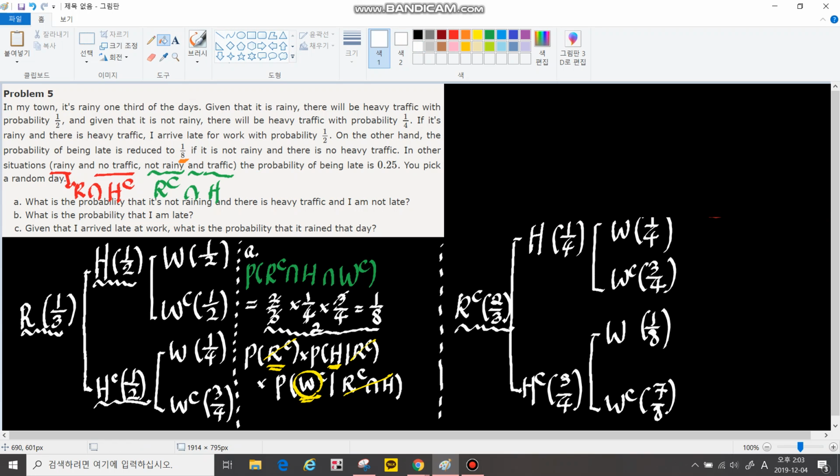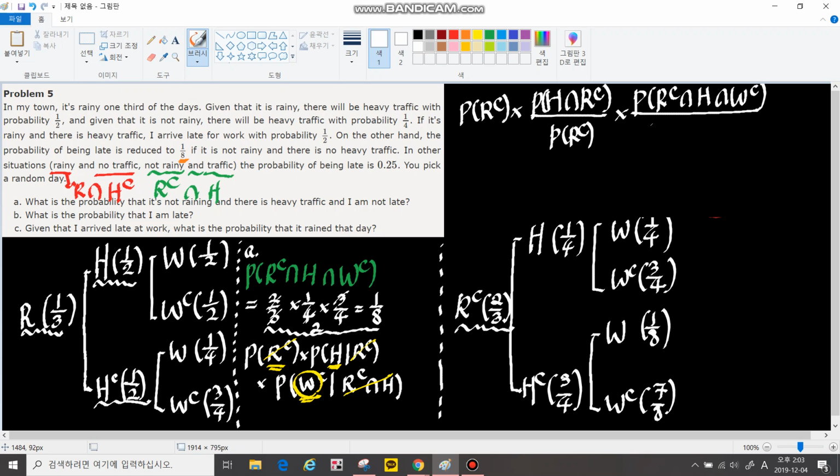Okay, if I rewrite that, then what ends up being is P(R complement) times P(H intersection R complement) over P(R complement), times P(R complement intersection H, W complement) over P(H intersection R complement).